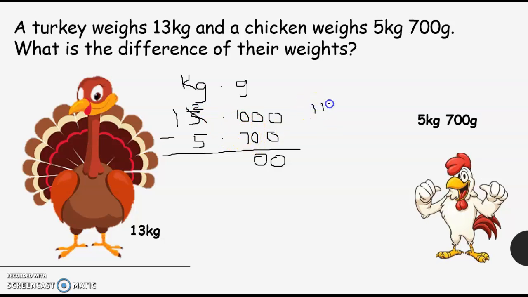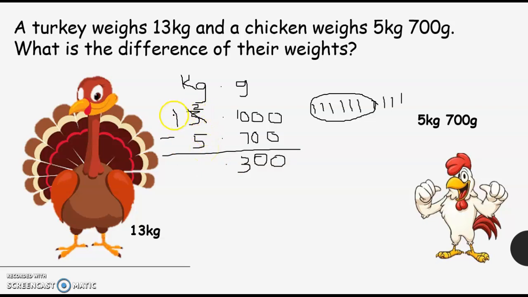So we have 10 grams minus 7. If we remove 7 from 10, we'll be left with 3. For my decimal points, here I have 2 minus 5. I can't take 5 from 2.